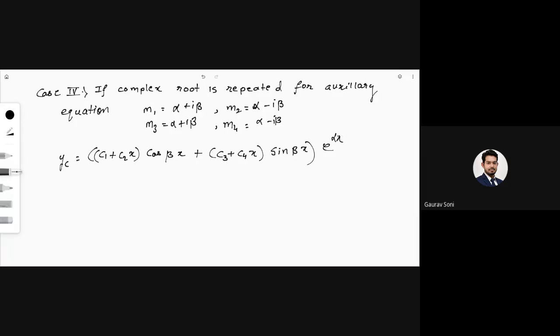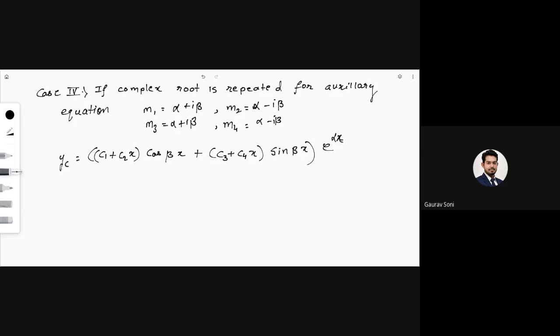So as you can see, with each repeated root, I have increased the number of constants. Because if you remember, the number of constants in a general solution is always equal to the order of the differential equation, which means the degree of your polynomial.